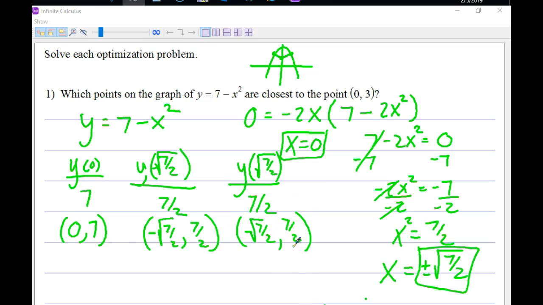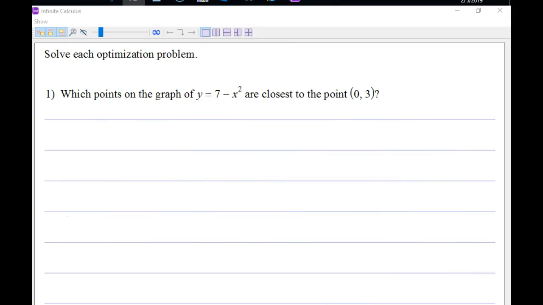So here's my guess. My guess is either both of these are the closest ones or just this one is. Now, how do we know which one is actually correct? You have to go back to the distance formula problem that we had and actually plug it in. So let's do that.